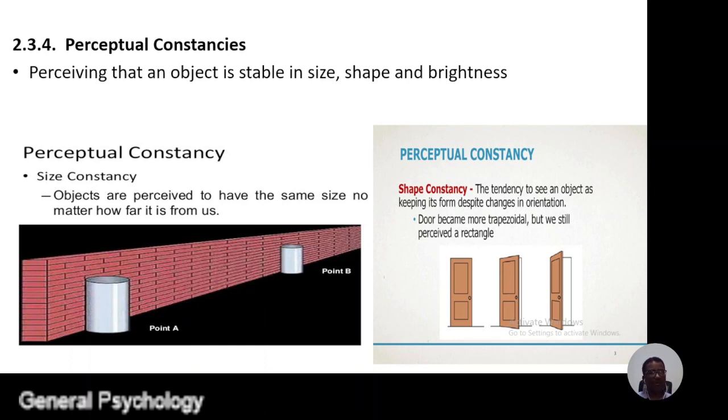Such a problem arises when we are unable to understand perceptual constancy, or that objects are perceived to have the same size no matter how far they are from us. So perceptual constancy means an individual will understand that the size, the shape, the color are the same.